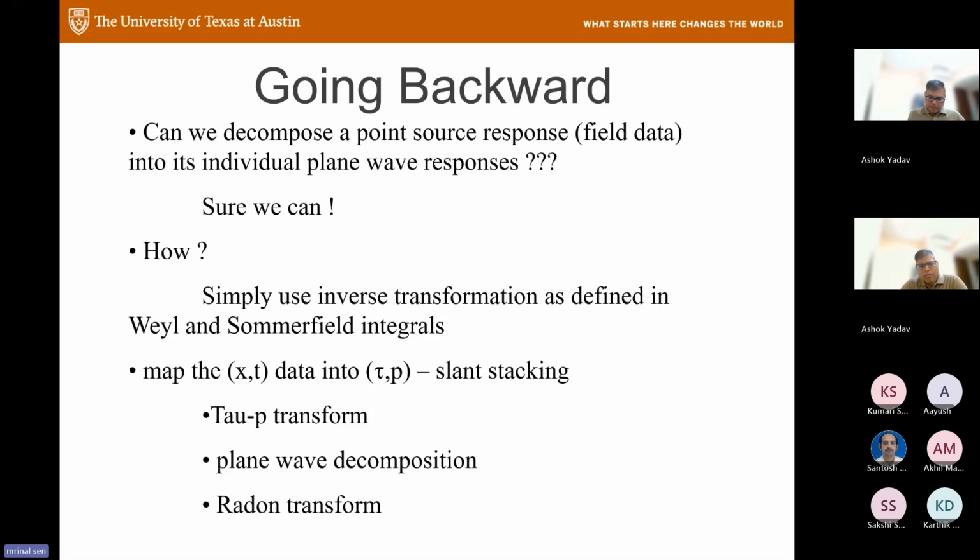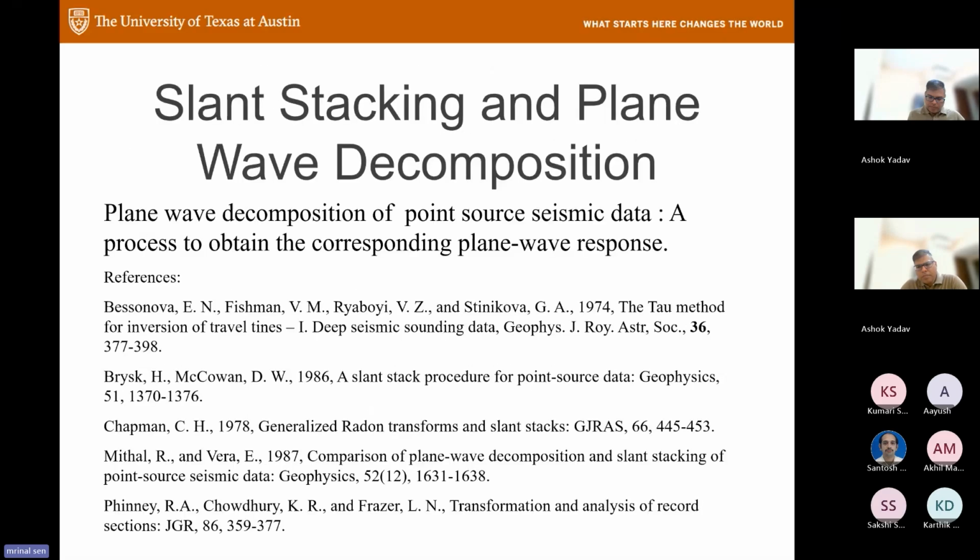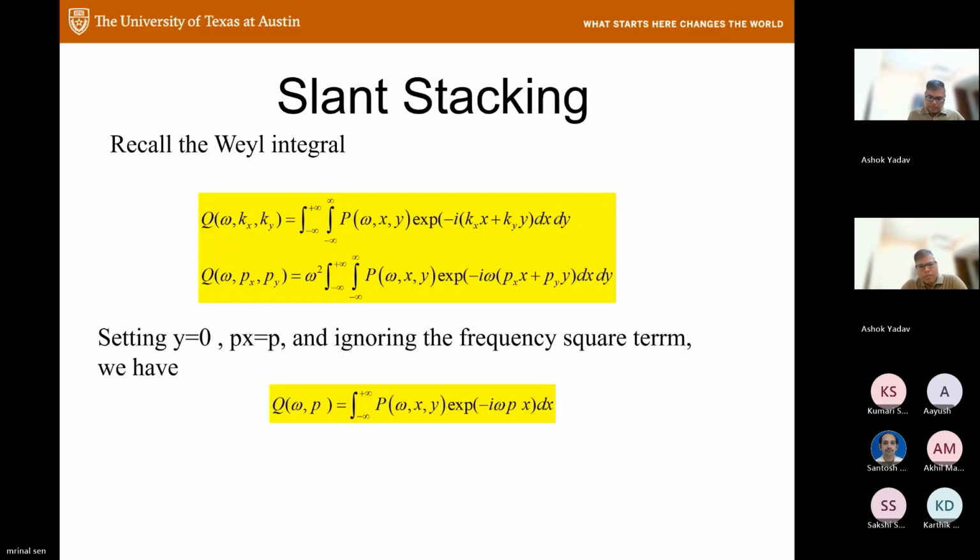Okay. But in practice, we use something called the tau p transform. This is what is normally used. Here you have the integral in terms of kx and ky, and you can turn this into k equals omega times p, kx equal to px times omega. It turns out k is equal to omega times p, and this p uniquely defines a plane wave.